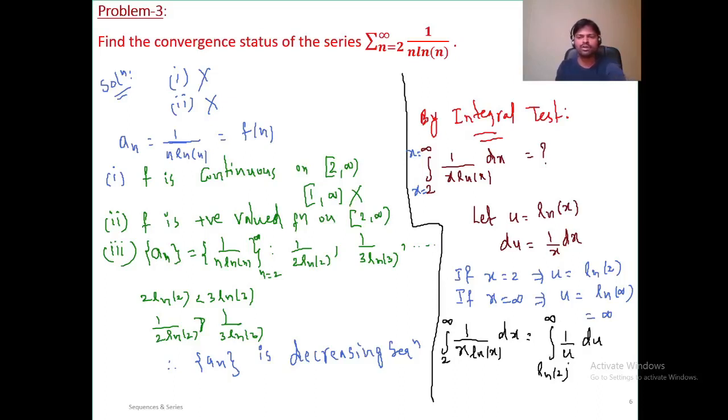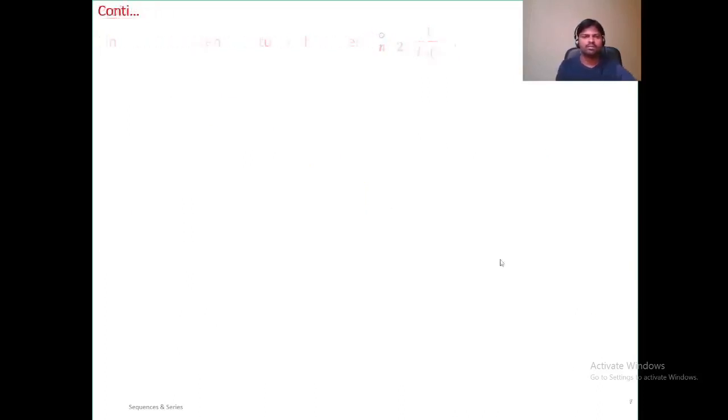What is the integral of 1 by u? It is ln u. Now what are the limits? u is running from ln 2 to infinity.